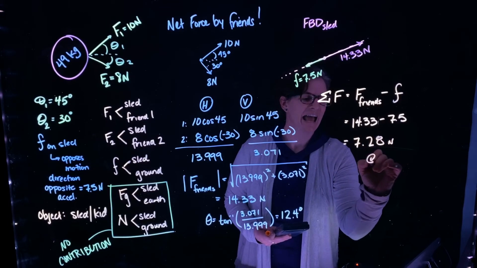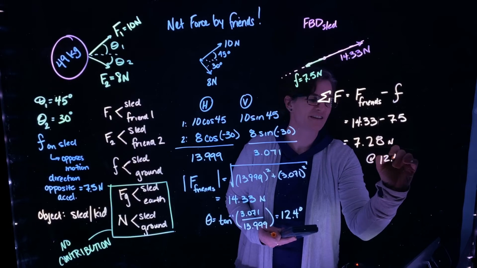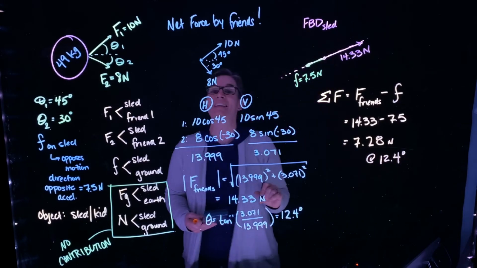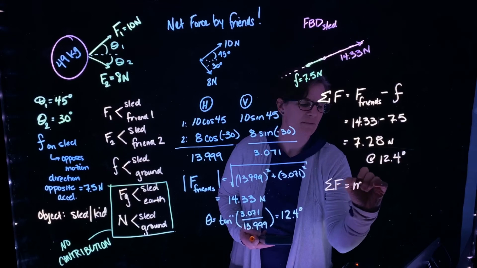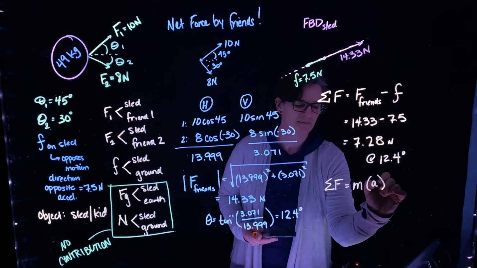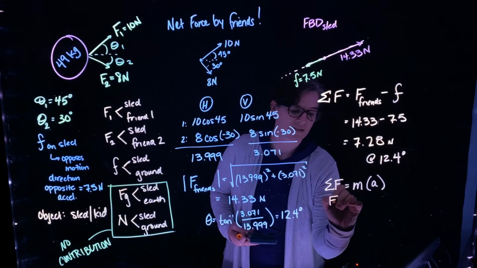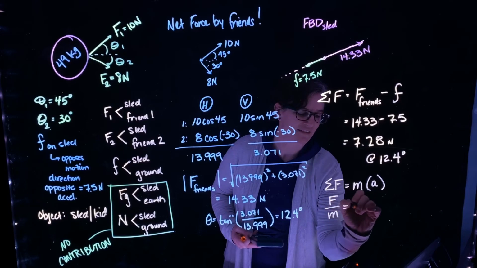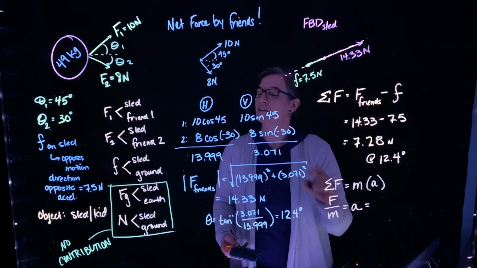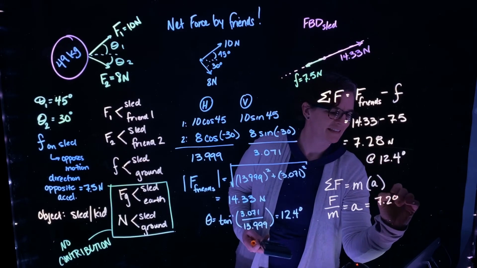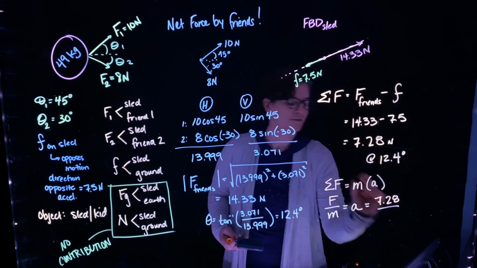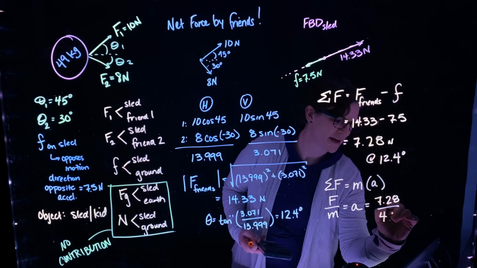newtons at 12.4 degrees. But remember, we want the acceleration. So our net force is equal to the mass times the acceleration. So our force divided by the mass is going to give us that acceleration. The force is 7.28 divided by my mass of 49 kilograms.